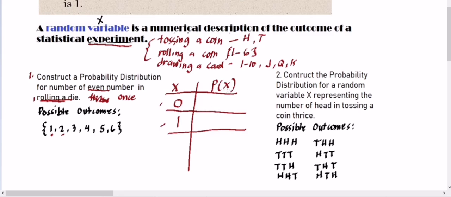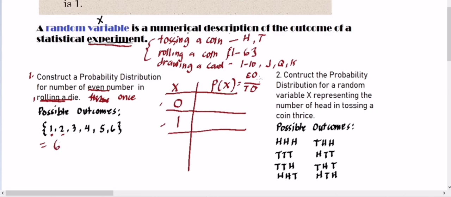Sa probability, meron tayong formula na ginagamit. Ang formula na ito ay expected outcome divided by total number of outcomes. So, ilan ba yung total number of outcomes? Ilan ba lahat to? So, meron tayong 6 total outcomes.